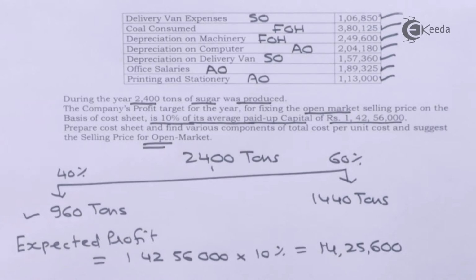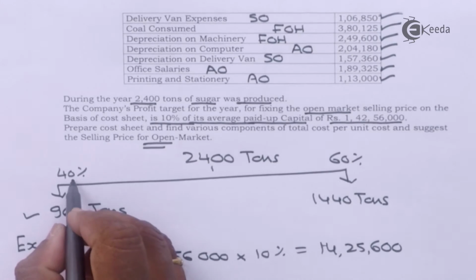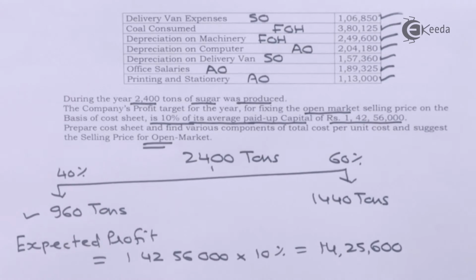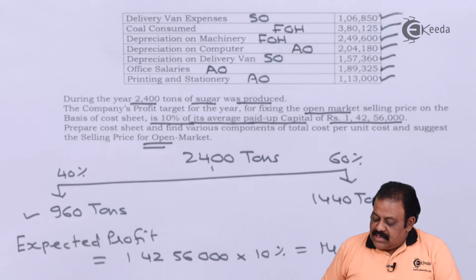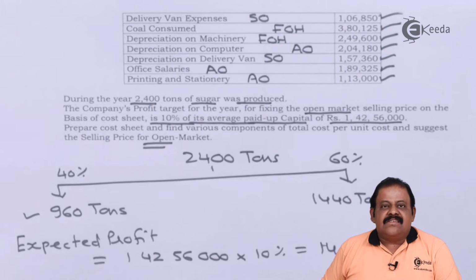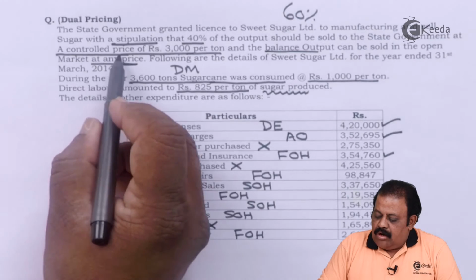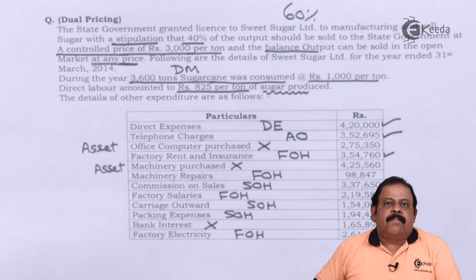Now out of this, some units are required to be sold to the government. As per the information in the question, we are required to sell 40% of the output to the government, which comes to 960 tons. And the selling price for this 40%, as given in the question, is the controlled price of rupees 3,000 per ton.